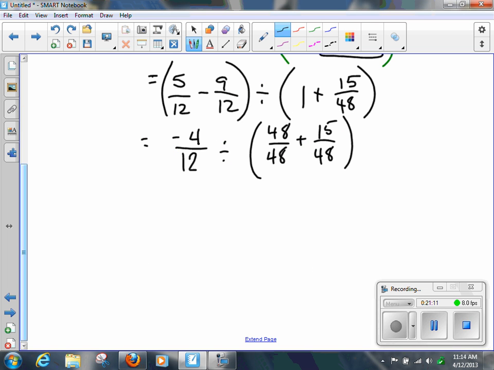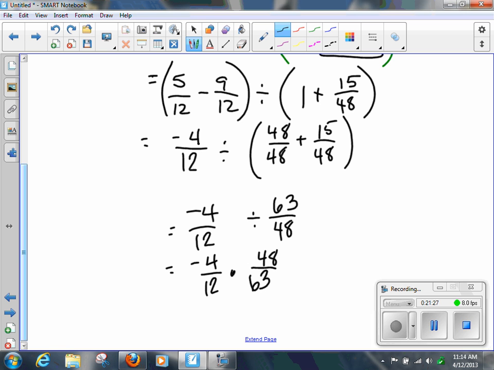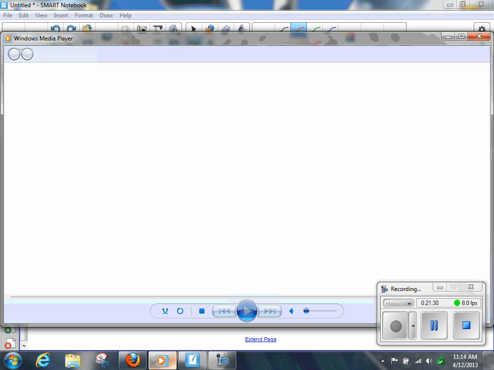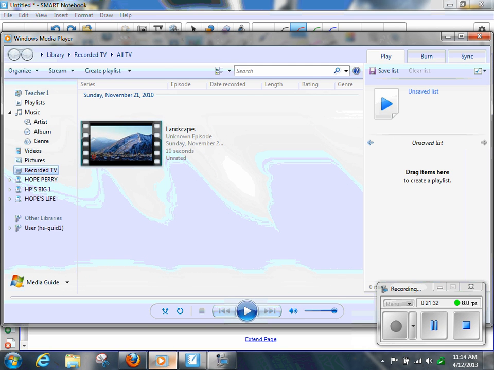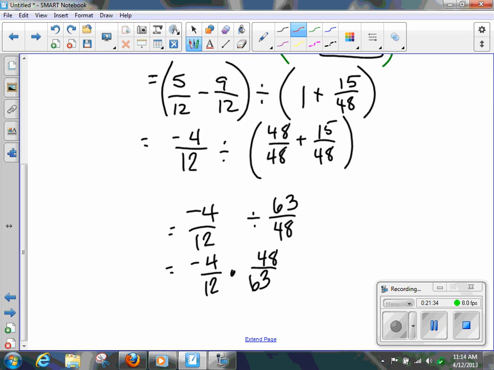You guys with me? Okay. 48 plus 15 is 63. And now, copy, change, flip, multiply by the reciprocal, and now's when I reduce. 12 goes into 12 one time, 12 goes into 48 4 times, and that's going to give me negative 16 over 63.